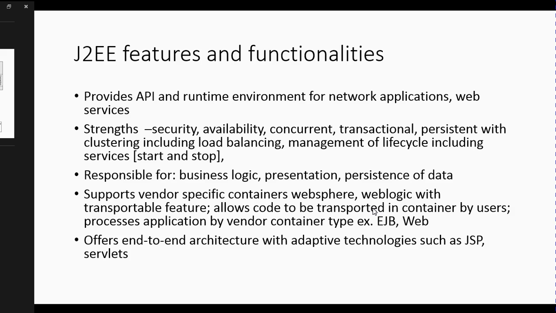So if you have a user making a request to view something, be it a Google website, MSN, Yahoo, all those websites, you're interacting with J2EE, which is actually responsible for the presentation of the application that you're receiving.